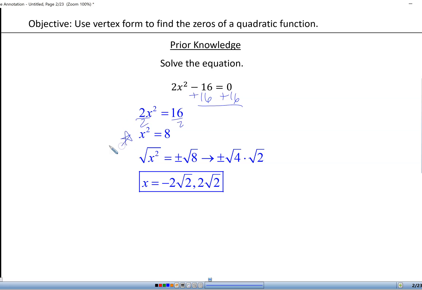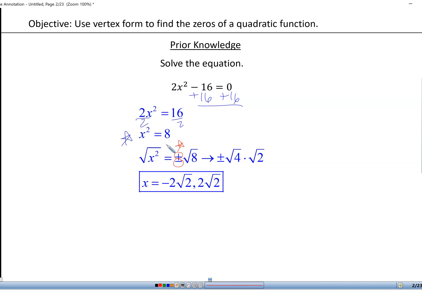Now once we have our x squared equals a number structure, that is when we use our square root property. Our square root property says we can take the square root of both sides, but it also teaches us that because x is being squared, x could be positive or x could be negative. That creates the plus minus symbol that we must put in front of the square root of the number.